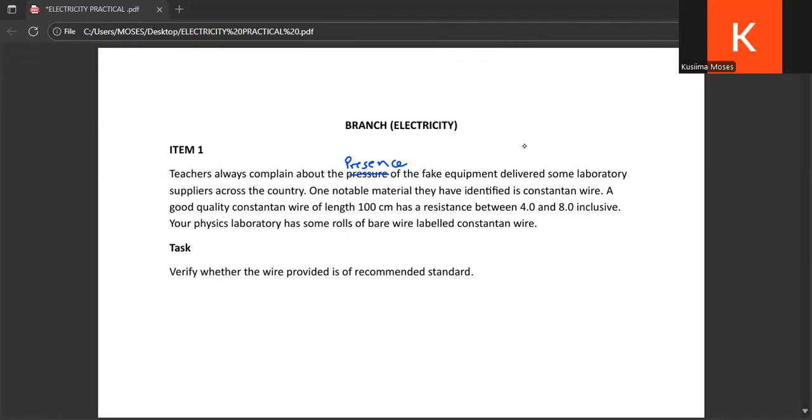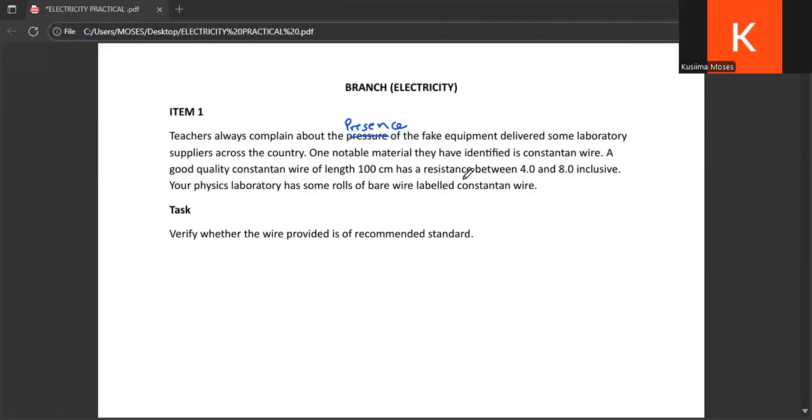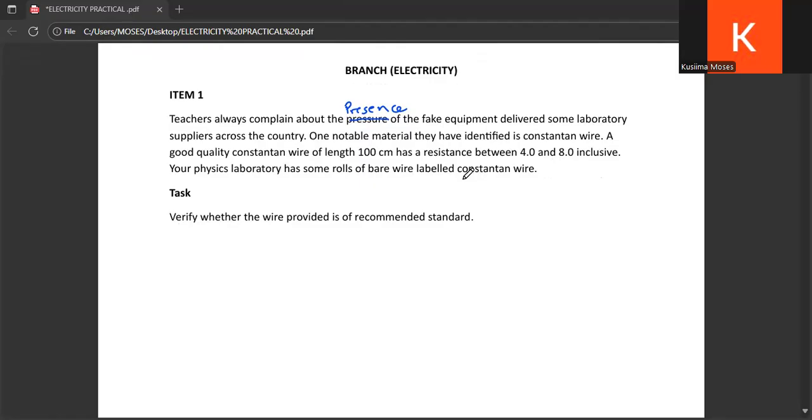Remember that when answering these items, you must know the theory of the experiment that you are going to do. So before you do anything, we shall begin with some side work and analyze what is going to be done to come up with the resistance of this wire. Basically, we shall begin with our equation for EMF.